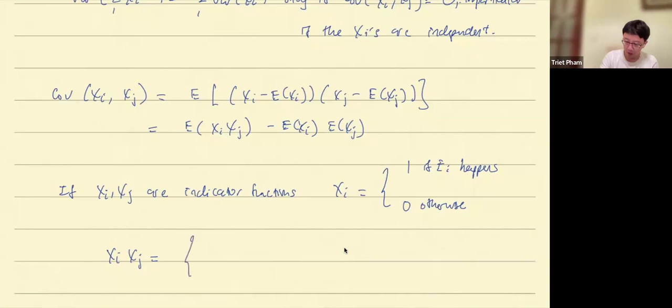So it's still 1 and 0. But it's 1 when what?